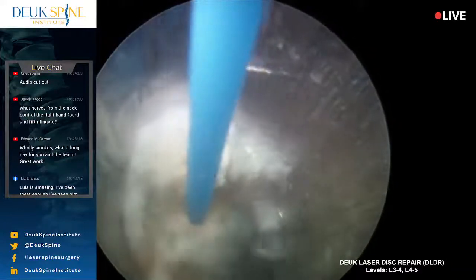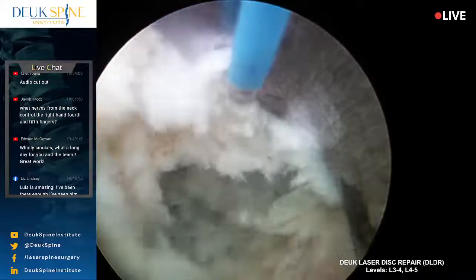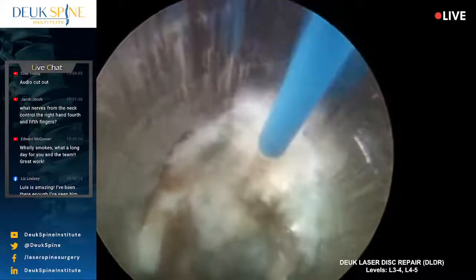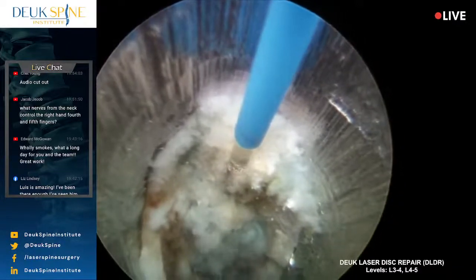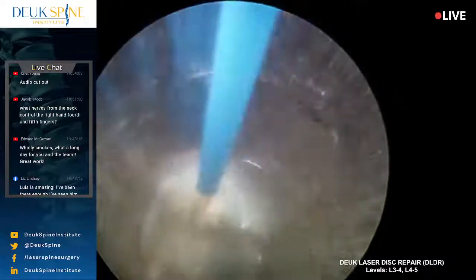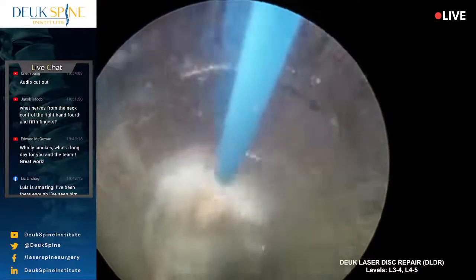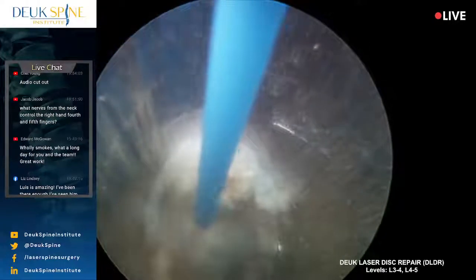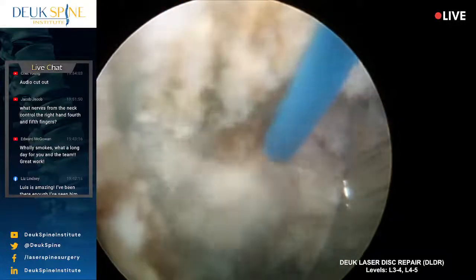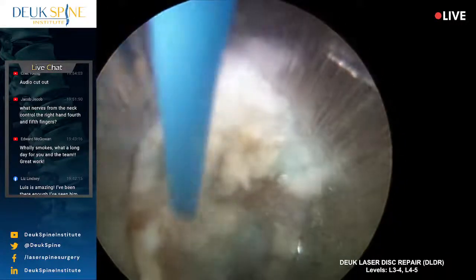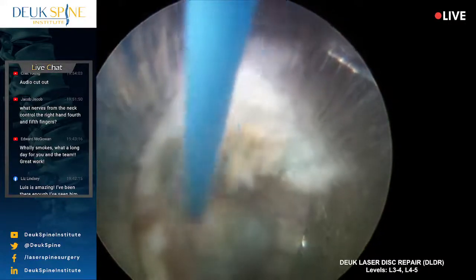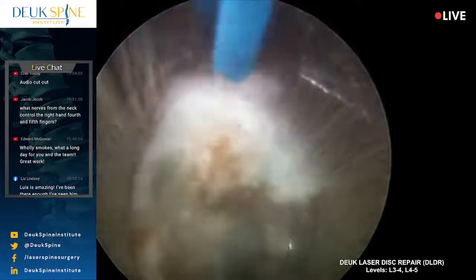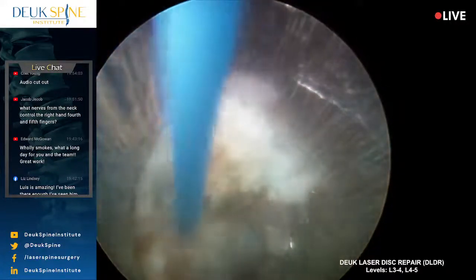We have another question, Doctor. Sure. What nerves from the neck control the right hand? Great question. The fourth and fifth fingers. Well, when you say control, are you talking about muscles? Or are you talking about feeling, like sensation? Because motor and sensory are different. But basically, fourth and fifth fingers are going to be your C8 nerve root, C7, C8, mostly C8, and even T1.